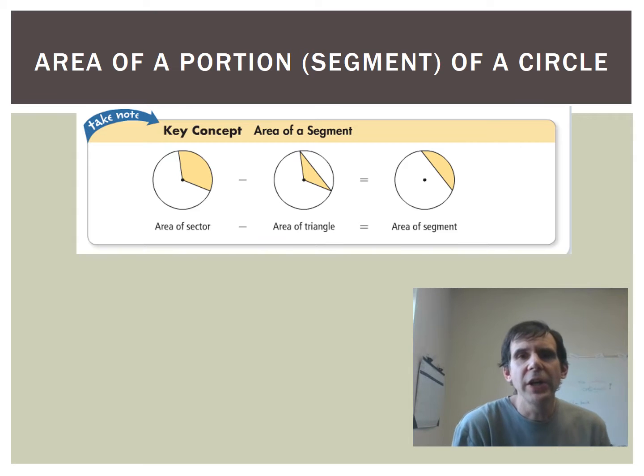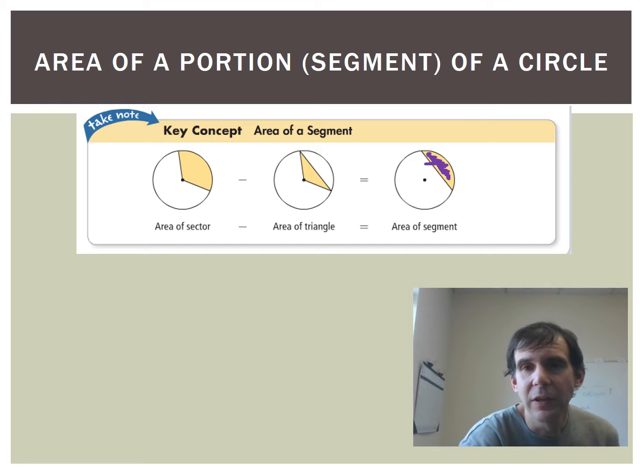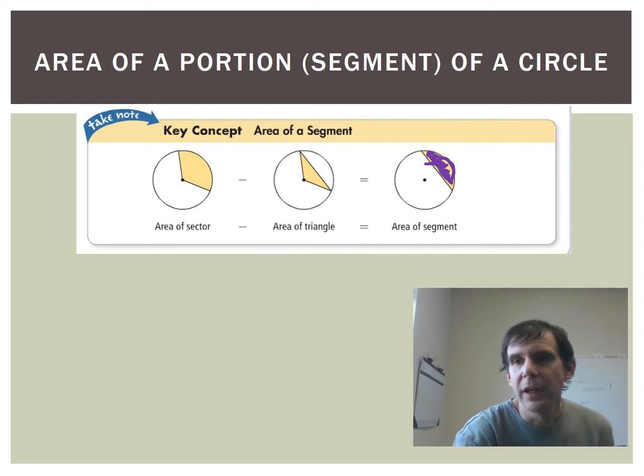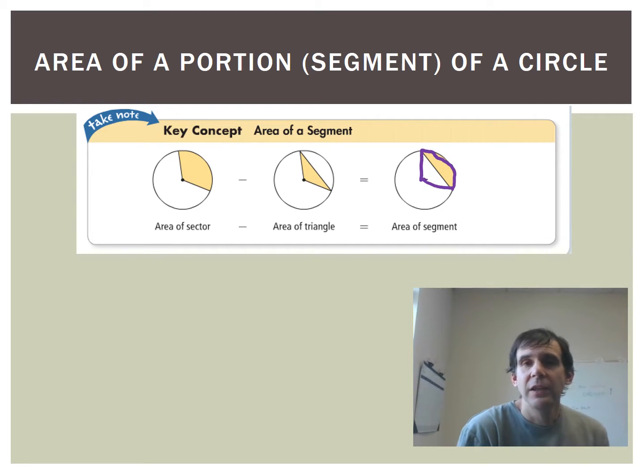The area of a segment of a circle now is going to be, a segment again is this little thing right here that you see. You're going to say, well, what the heck is that? Let's take a look at what it is. It's an arc, and if we draw in the radii from that arc, that segment is going to be part of a sector.